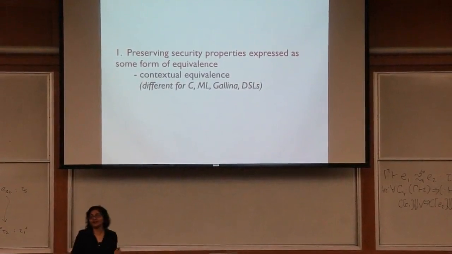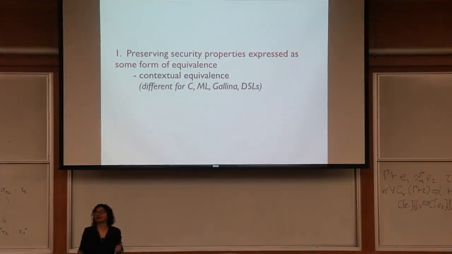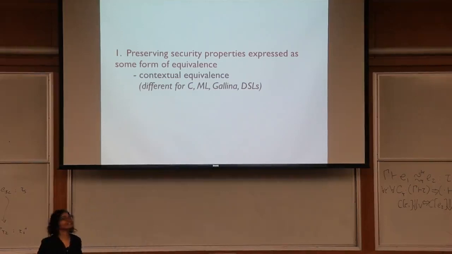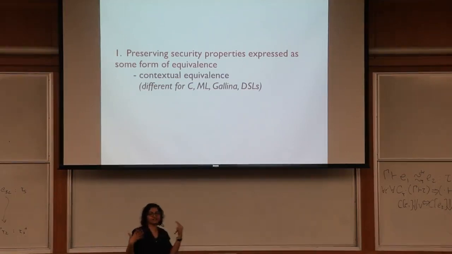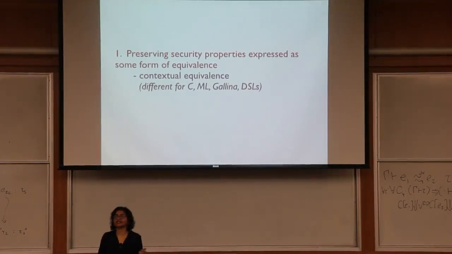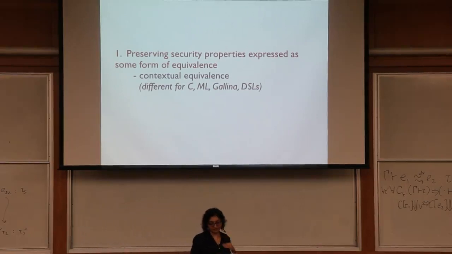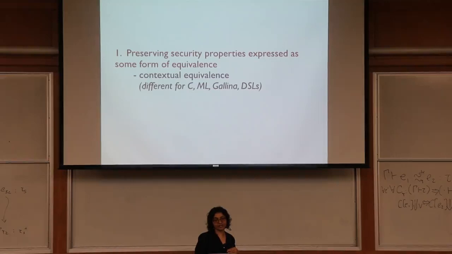If you're writing code in Coq, then you have a very strong assumption about what kinds of contexts you are linking with, right? So two ends of the spectrum. Or if you're in DSLs, you might have a particular structure or termination requirements or whatever else, and so on. So contextual equivalence can be very, very different depending on your language, and therefore you get different guarantees.